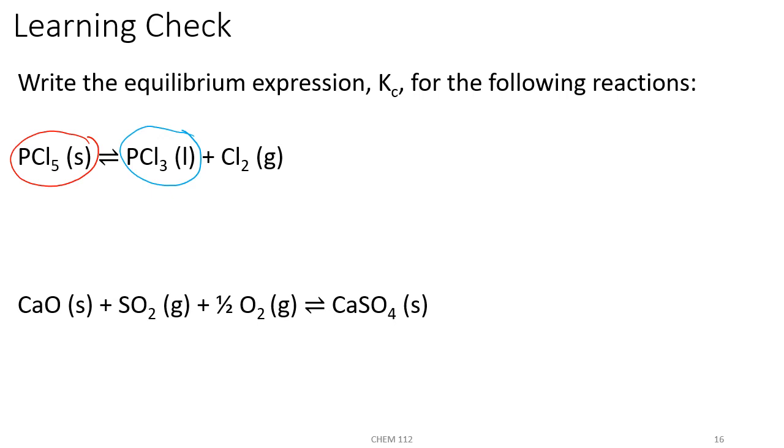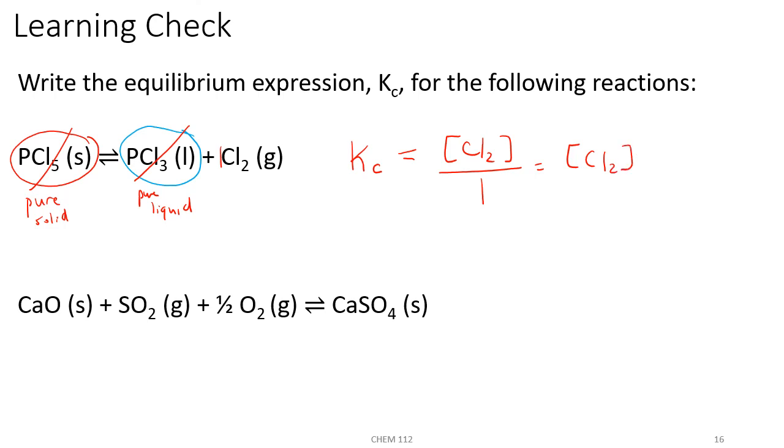We're still going to take the ratio of our products over our reactants, but in this case, K sub C will be equal to one of our products, Cl2, which is a gas, and it would just be raised to the first power because there's a 1 in front of it in the balanced equation. We don't have anything else to include because we're not going to include our pure liquid and we're not going to include our pure solid. So really in this case, the Cl2 would just be over 1 for our reactants. So we can simply write this as the concentration of chlorine.